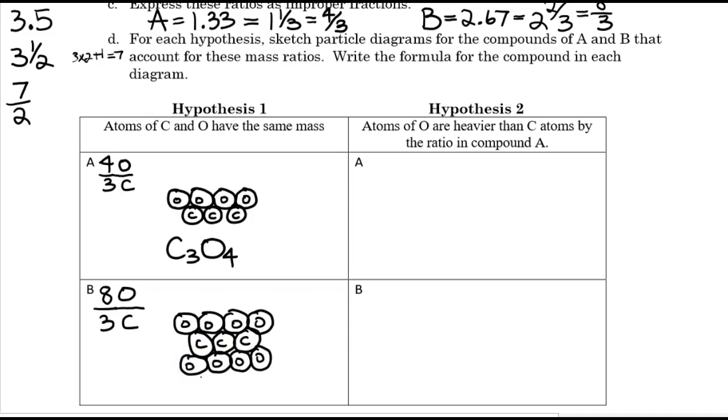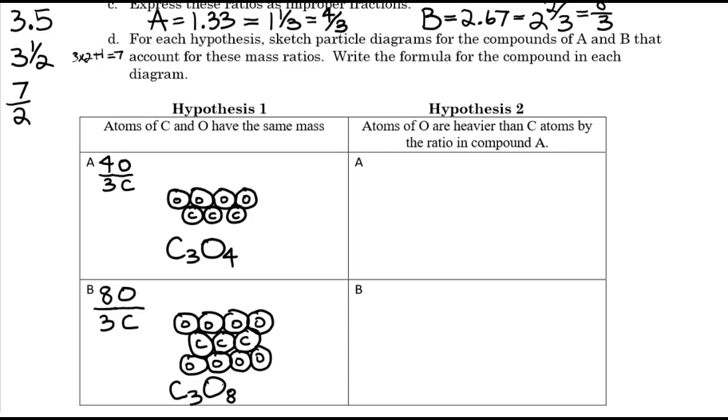Okay, and that formula, to follow the pattern I did in box A, would still be C3, but now it is O8. So again, those are formulas and pictures of the compounds, assuming that carbon and oxygen have the same mass. That the mass of one oxygen is equal to the mass of one carbon.